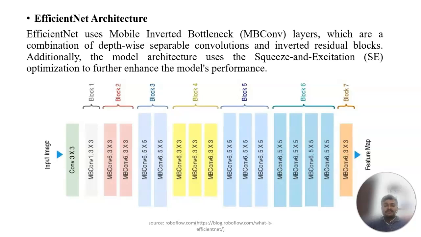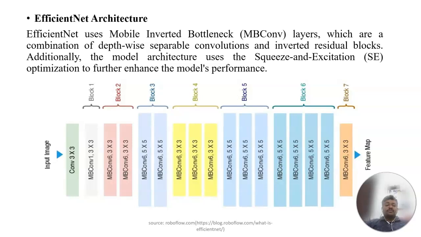It is inspired by the inverted residual block present in MobileNet. We discussed MobileNet in the previous lecture, where we saw the depth-wise separable and point-wise convolutions. The same blocks inspire this, the inverted residual blocks from MobileNet.